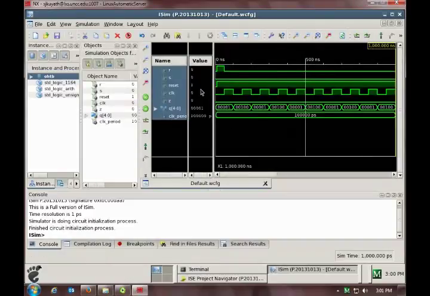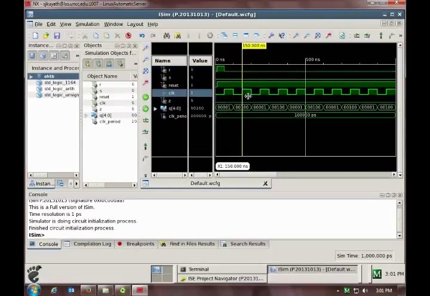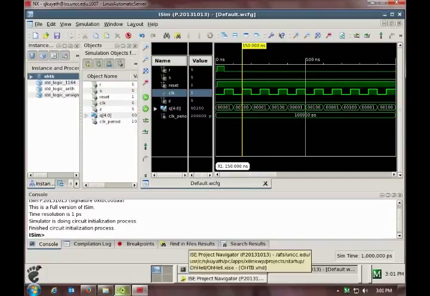So I see. I knew I was doing something wrong here. I'm still seeing the same thing, and that was because I left R high for only 40 nanoseconds. That stopped it there. What I needed to do is have it there, which was 140.